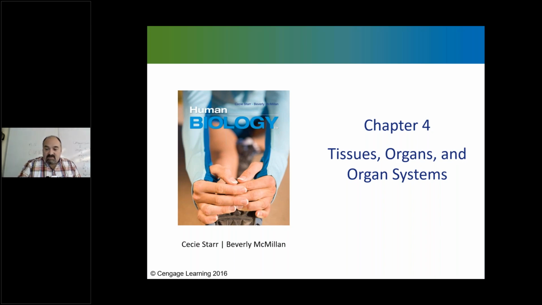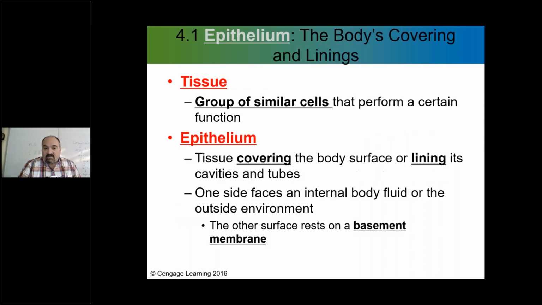All right, thank you. So this will be up here just in case anybody didn't get it, but I think everybody's gotten it so far. So let's take a look, again, at tissues. We talked about a group of similar cells, right? Organs are made up of tissues, tissues comprised of cells.